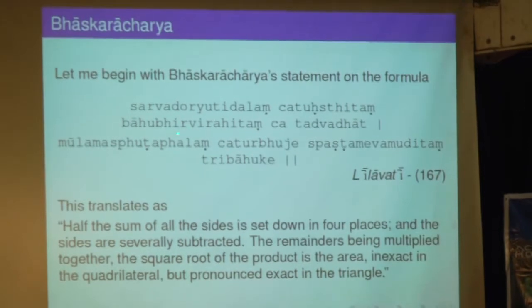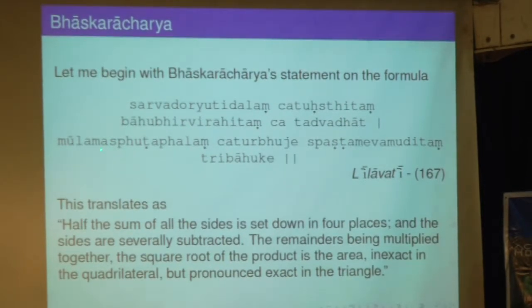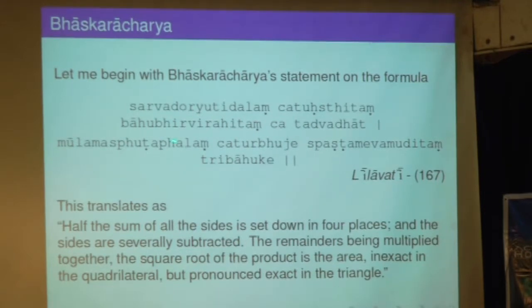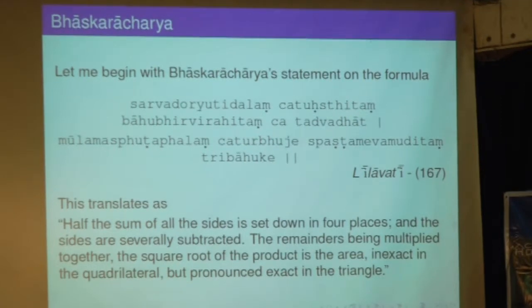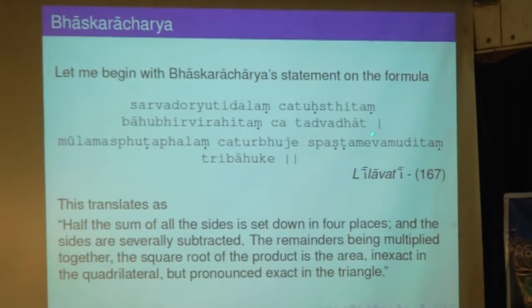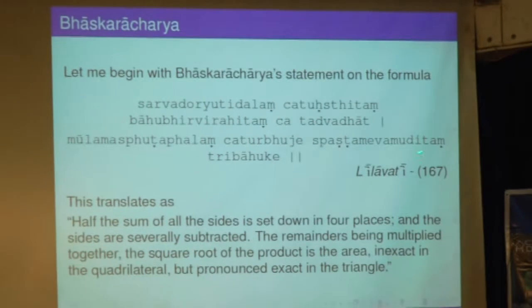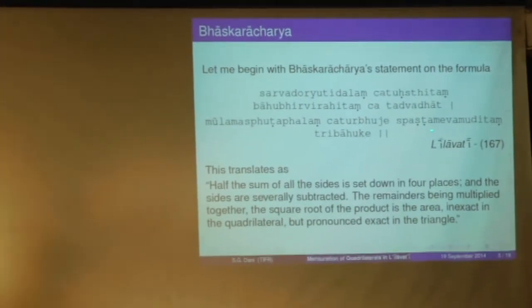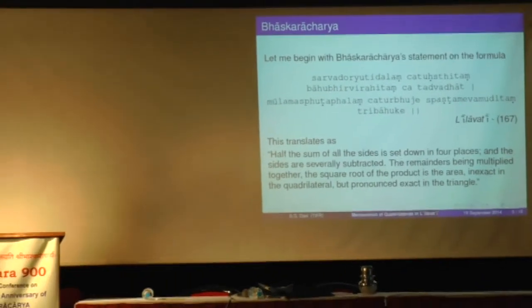He qualifies it by saying asphuta phalam. How to interpret the word asphuta, one can debate a little, but I'm not going to deal with that. Anyway, it is a certain qualified statement. Typically it has been translated as inexact. Maybe one could be content with that. And then he emphasizes that in the case of triangles, it is meant to be exact. It is pronounced to be exact: spashtameva uditam tribahuke.